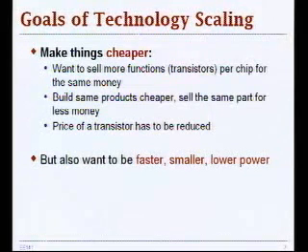But you also want other parameters from your design. You want your designs to be faster, smaller, lower power. Now that we understand the concept of speed in digital circuits, and also the power, we will see later in this lecture how we can derive where this is all going looking forward.